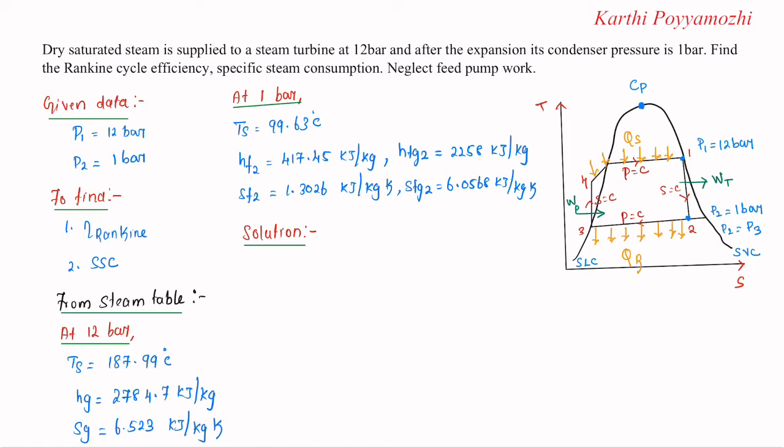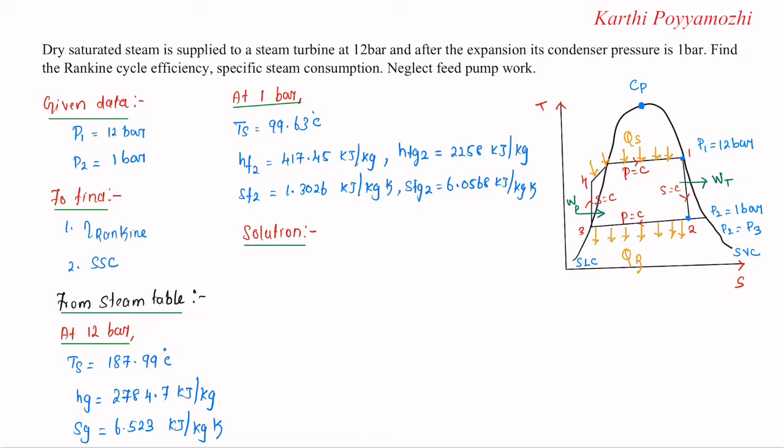One thing you should notice is that this is the critical point, and the left hand side of the critical point is the saturated liquid curve and the right hand side is the saturated vapor curve. Therefore, at point 2, the steam is in vapor state, and due to the condensation process, the phase change is carried out, and at state 3 it is in a liquid state.